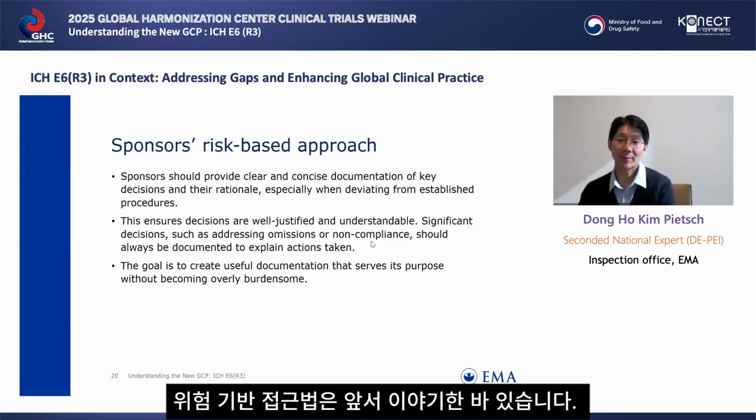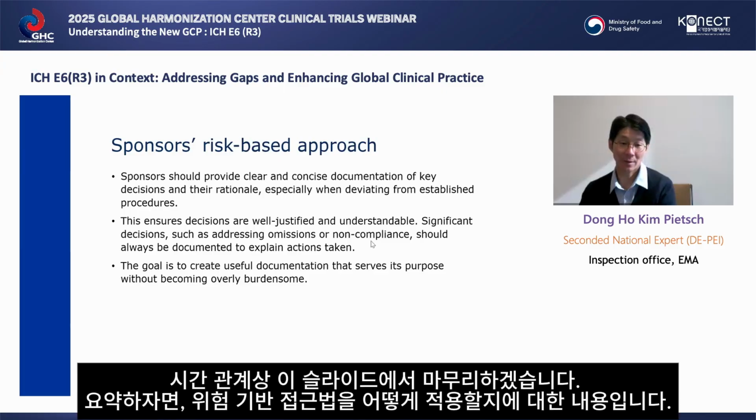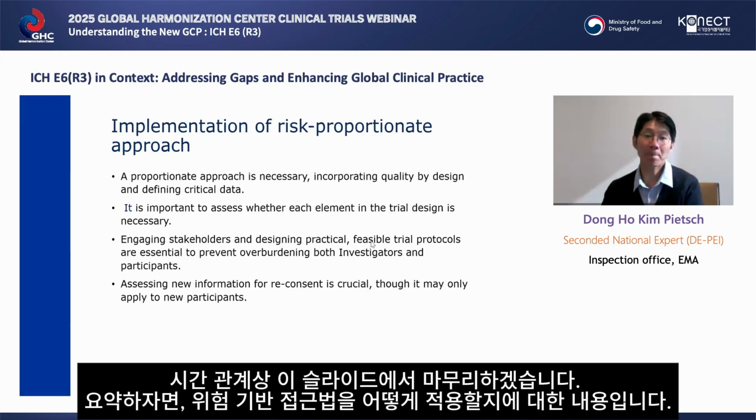I already mentioned the risk-based approach, so for the sake of time, I'll stop short on this slide to summarize, and take this one level higher, on the implementation of this risk-appropriate approach.